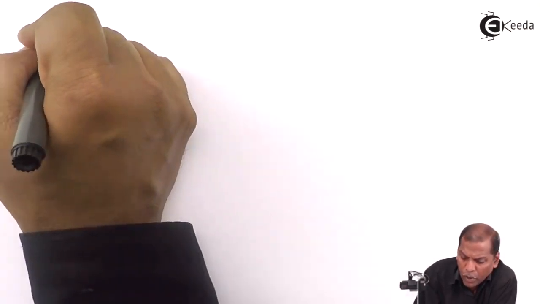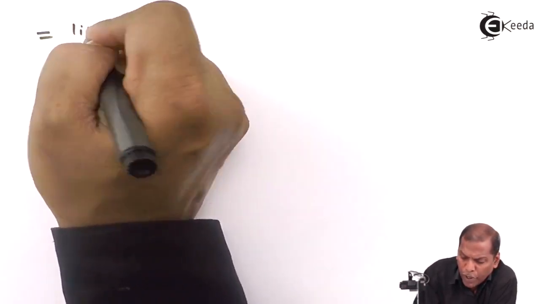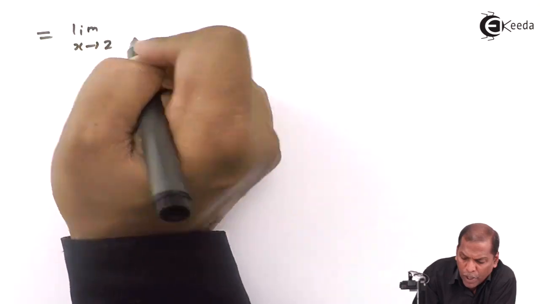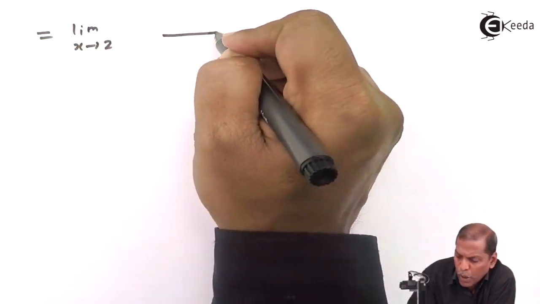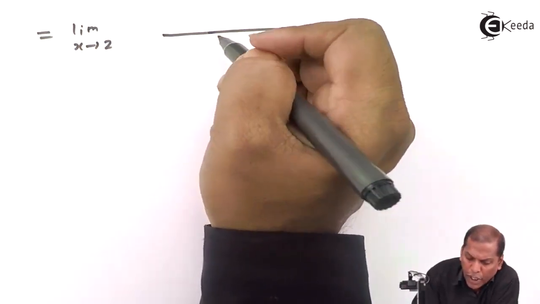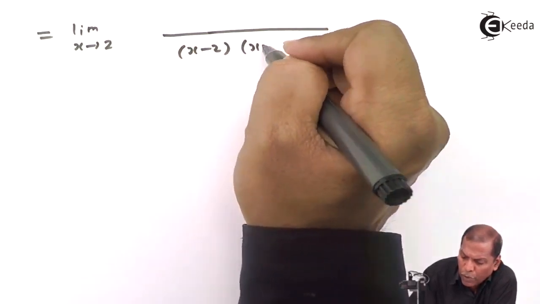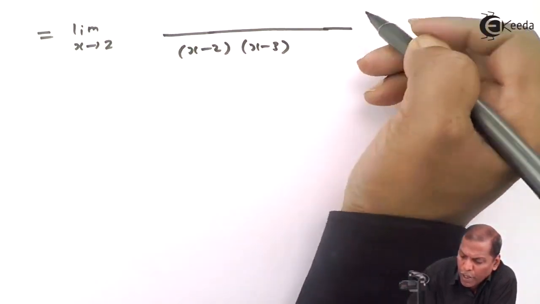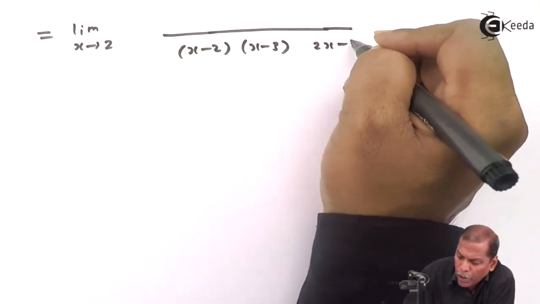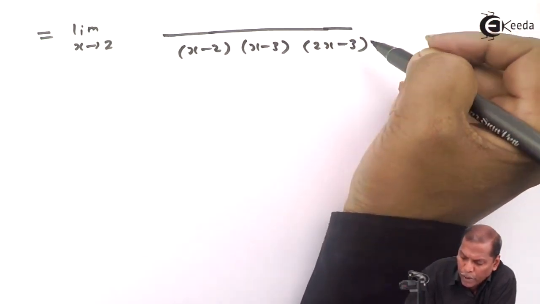Now we consider the LCM of the different terms present in the denominator. The different terms present in the denominator are x − 2, x − 3 and 2x − 3.